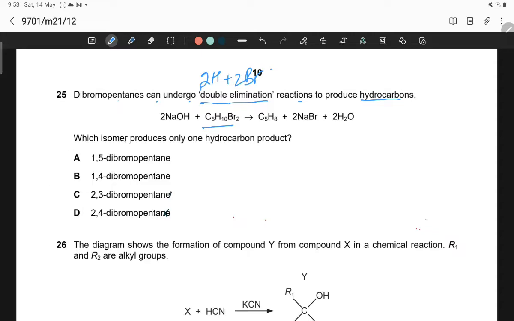So which isomer produces only one hydrocarbon product? 1,5-dibromopentane, carbons 1 2 3 4 5, Br at 1 and 5, Br, Br. So we lose two HBr, two HBrs.